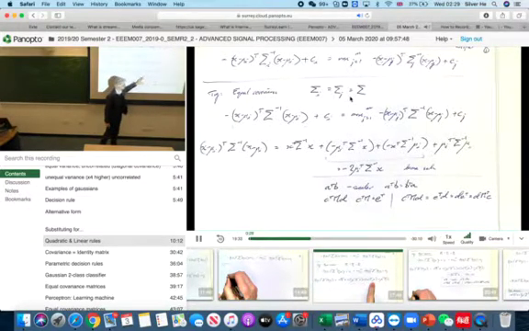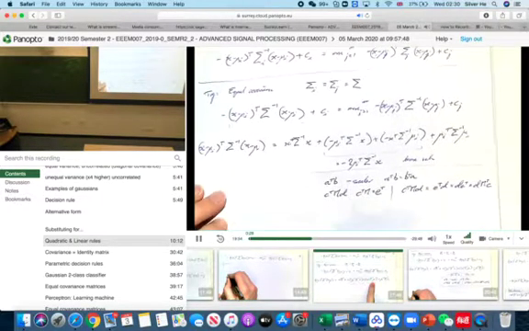This will be a useful thing that will come out later. And this is not dependent on x at all. So given a particular class, this is going to be a constant.